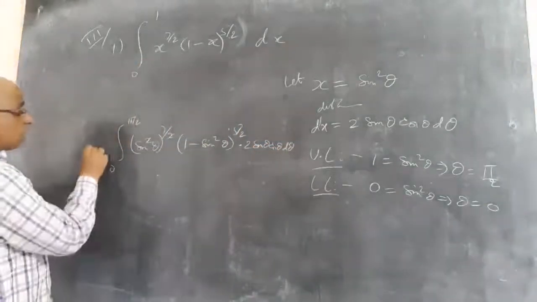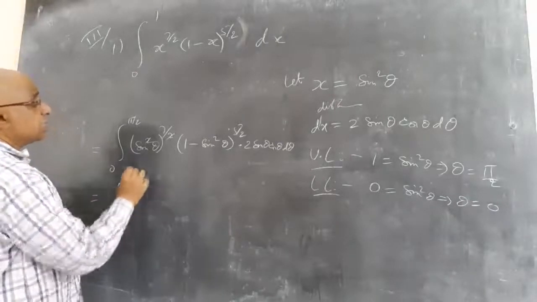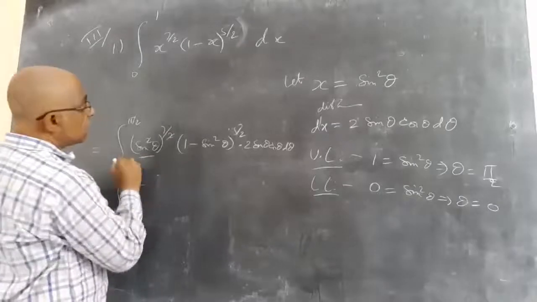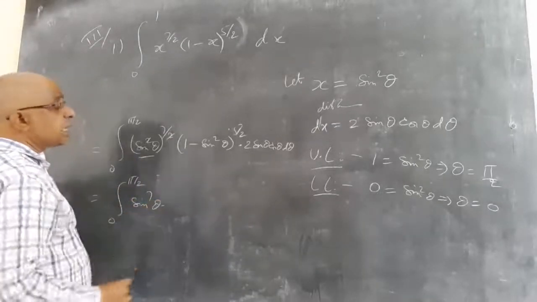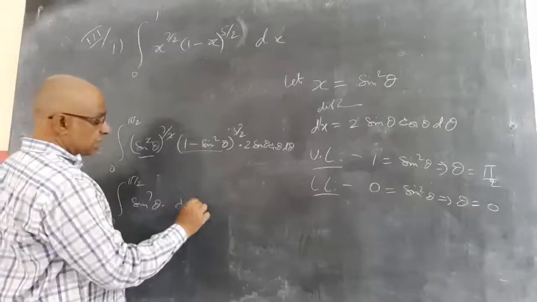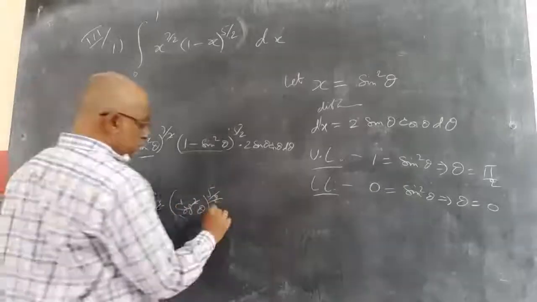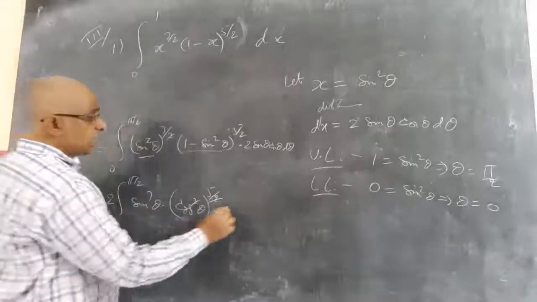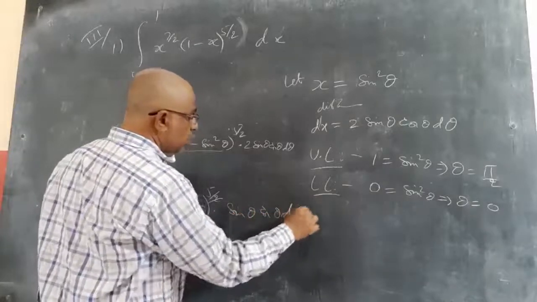So this is equal to the integral of 0 to pi by 2 of sin power 7 theta into (1 minus sin square, which is cos square theta) whole power 5 by 2, which becomes cos power 5 theta, into 2 sin theta cos theta d theta. Over here, something you can observe.